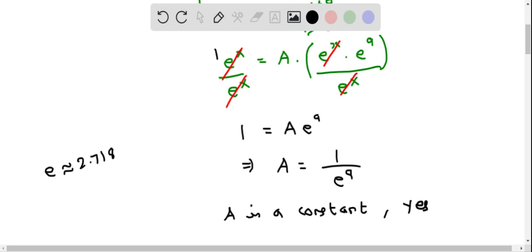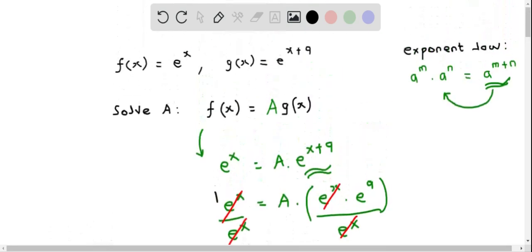Now let's determine if f of x and g of x are linearly dependent or independent. For that, I'm going to plug in the value of a into this equation. So let me do that. Therefore, we will have f of x equals, we determined a as 1 over e power 9, times g of x.